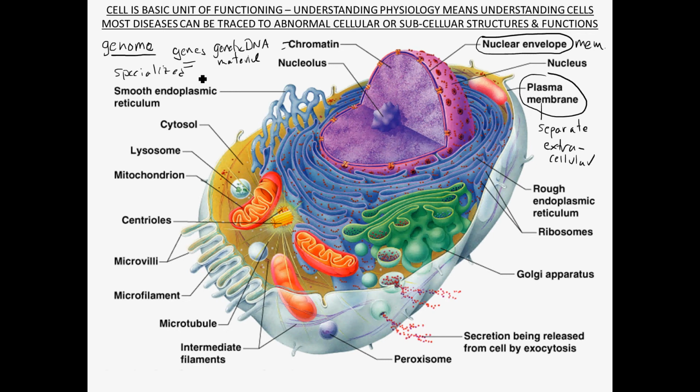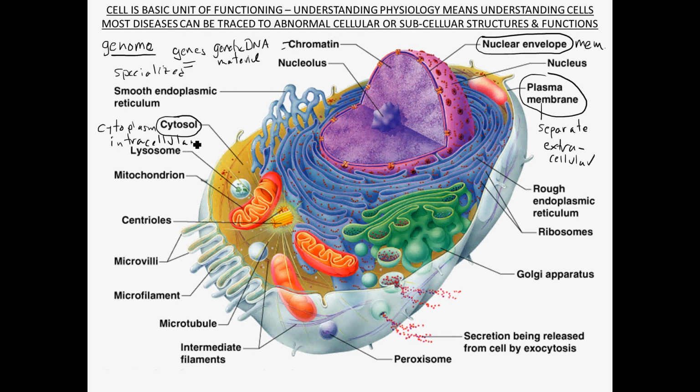So again, plasma membrane, nuclear envelope separating the cytoplasm intracellular area from the nuclear area. And then, moving back out of the nucleus, you have all of these organelles that you should be remembering from Bio 1. Again, this cytosol is the fancy term for cytoplasm, or the intracellular fluid.